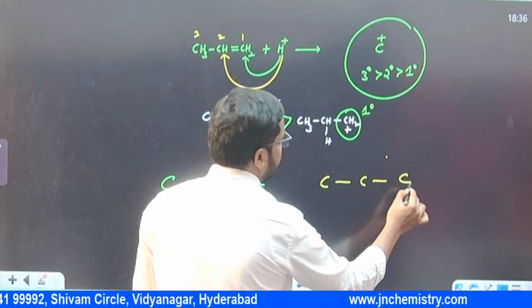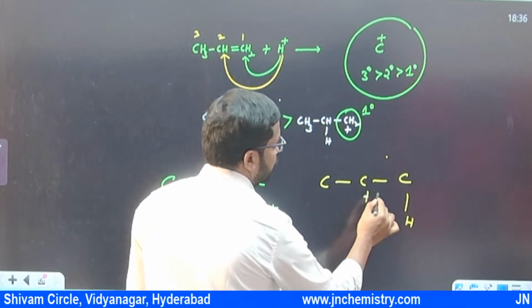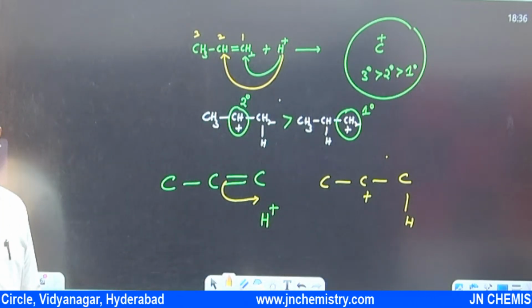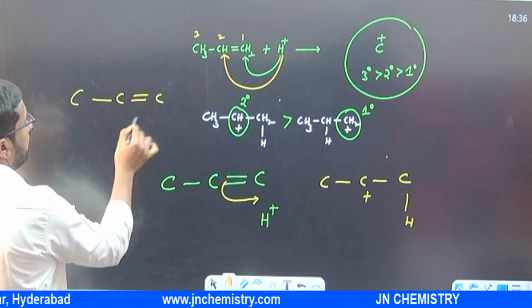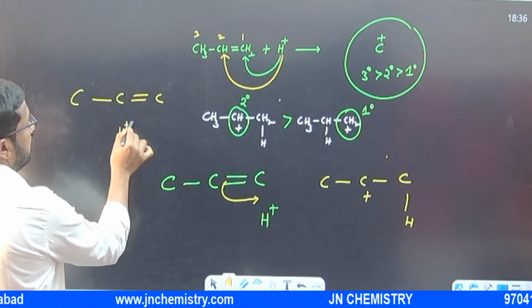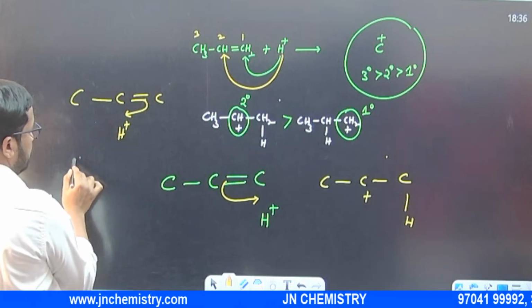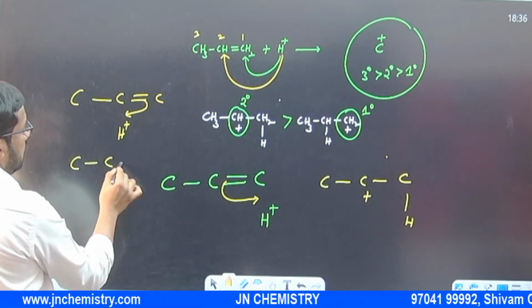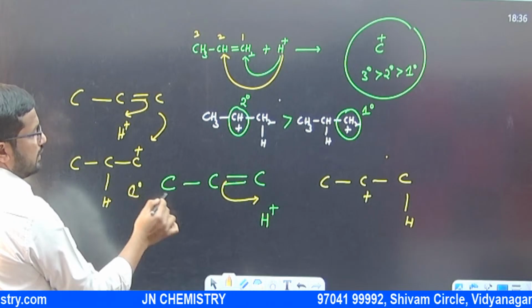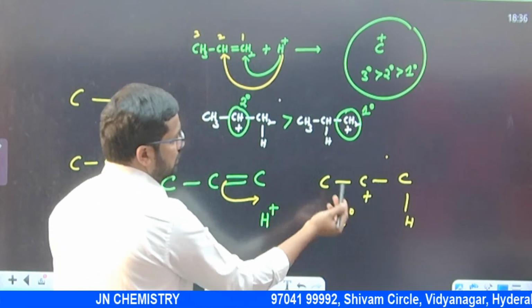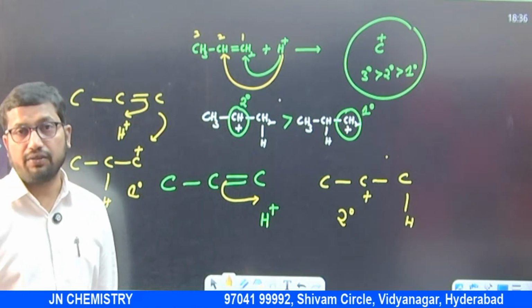Here is the C, here is the H, here is the positive charge. If it attacks the second position, the bond migrates like this and we get the carbocation. This is a 1 degree carbocation and this is a 2 degree carbocation. The 2 degree carbocation is more stable than the 1 degree carbocation.